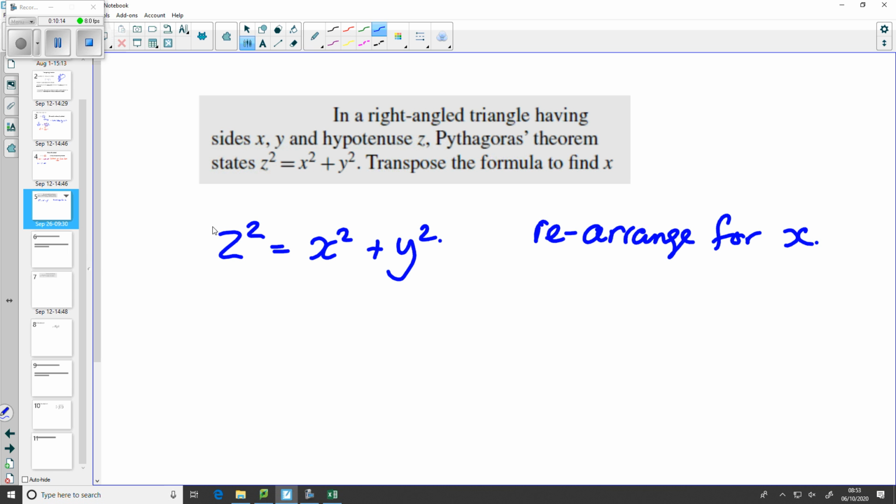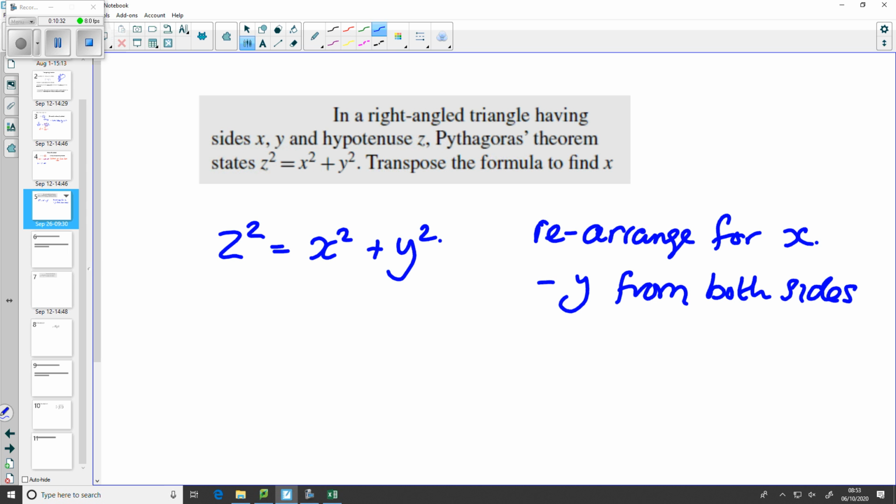Okay, so yeah, we're rearranging this for x squared. So the first thing we're going to do is subtract y squared from both sides. Yep.